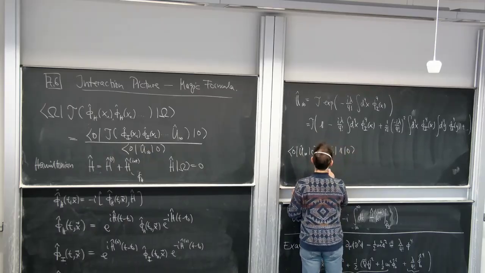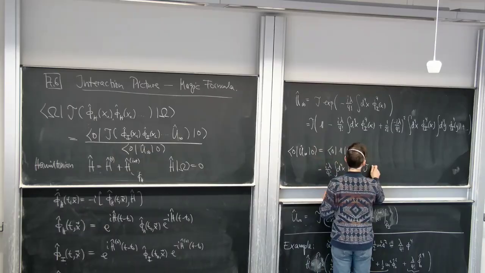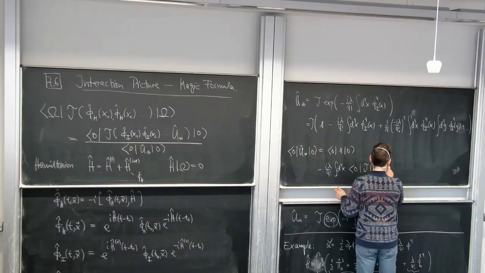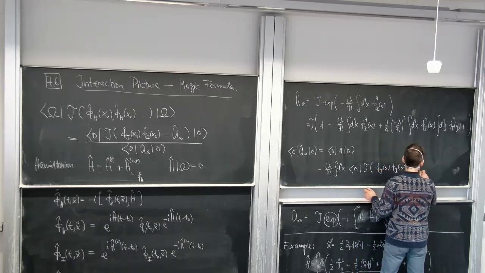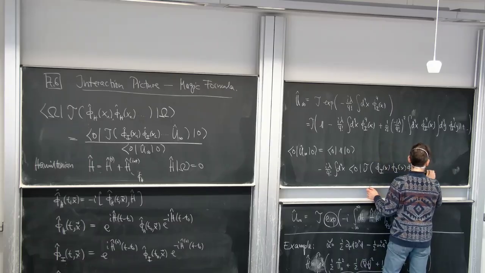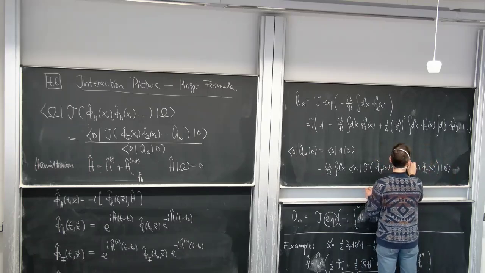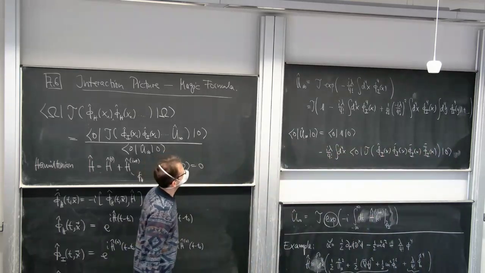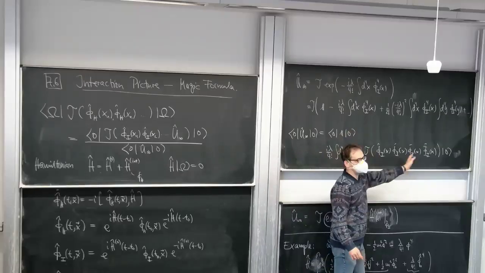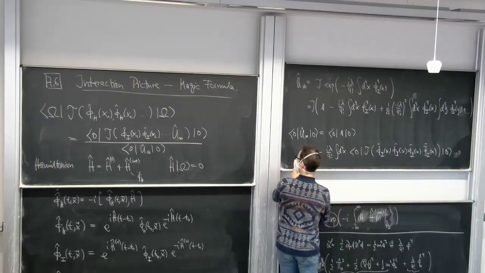And then we have minus i lambda over 4 factorial integral d4x, time ordering phi_I phi_I phi_I phi_I. I just spelled out the 4 powers to see them next to each other. This is what we have. So beautiful.